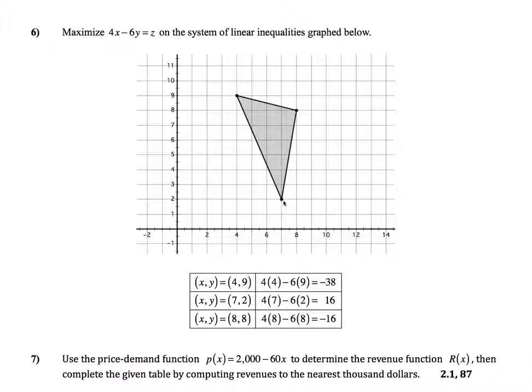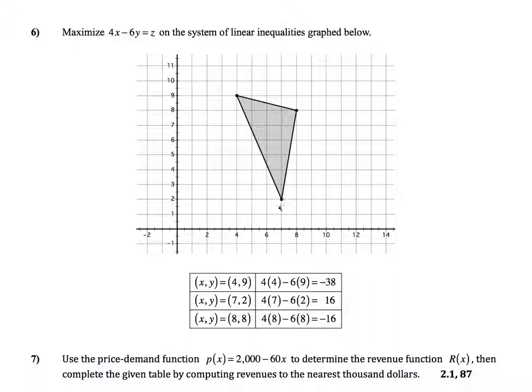So what you do is you find the coordinates of each of these points. And so for this one, that's x is 4 and y is 9. So the xy pair corresponding to this point is 4 and 9. So you plug 4 in for x here and 9 in for y here. And so that's 16 minus 54. That's -38.